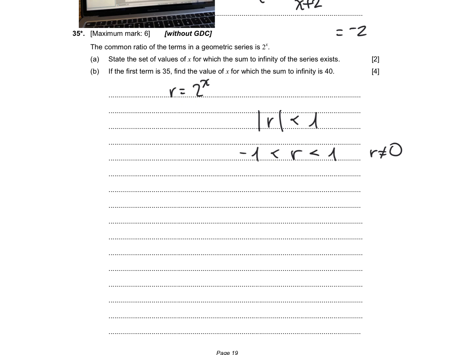So if we think about our r, which is 2 to the x, first of all, 2 to the x is never going to be a negative number. So we can just write this like this. Okay? Second, if you think about values that x can be, they can be negative numbers, 0, or positive numbers. All right?